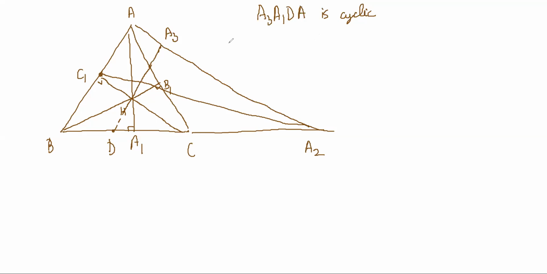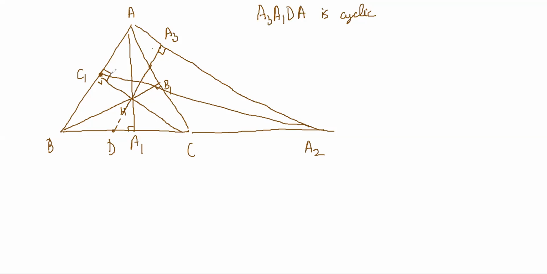Oh, one more cyclic quadrilateral we have. No, obvious cyclic quadrilateral. This is 90, this is 90, no? Yes. This cyclic quadrilateral is there, no? Correct. Is there some other cyclic also that we can see?